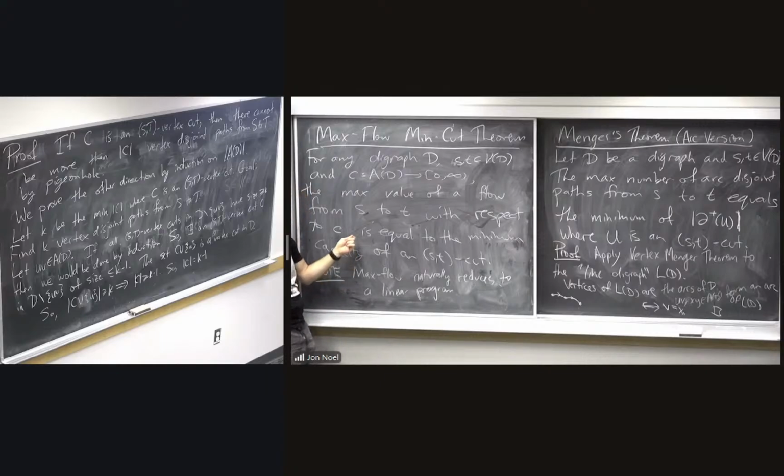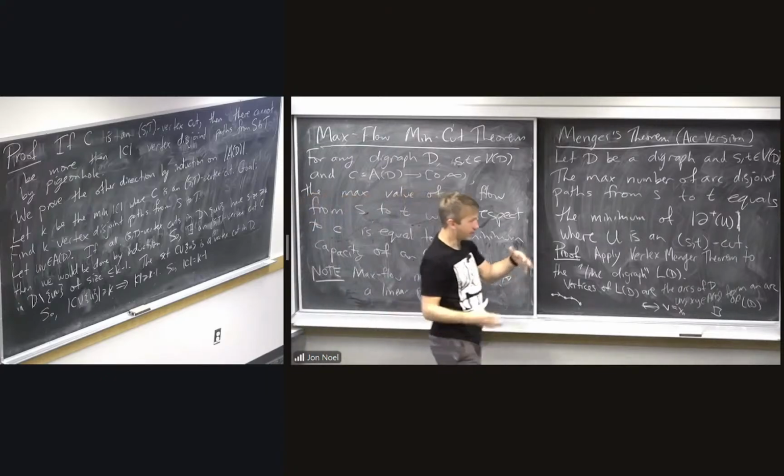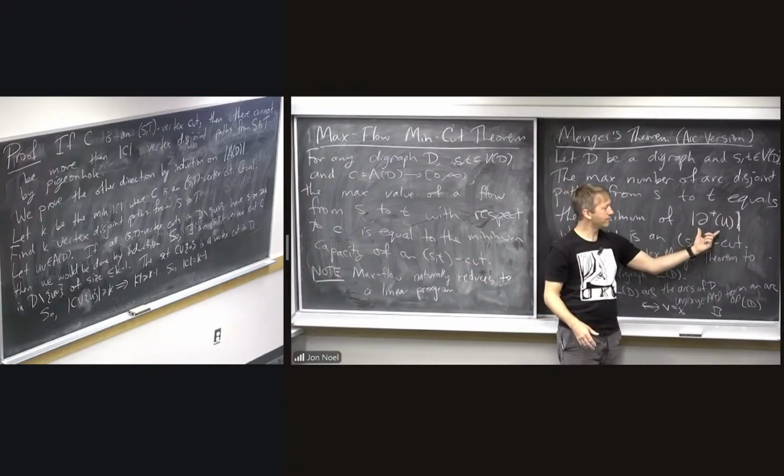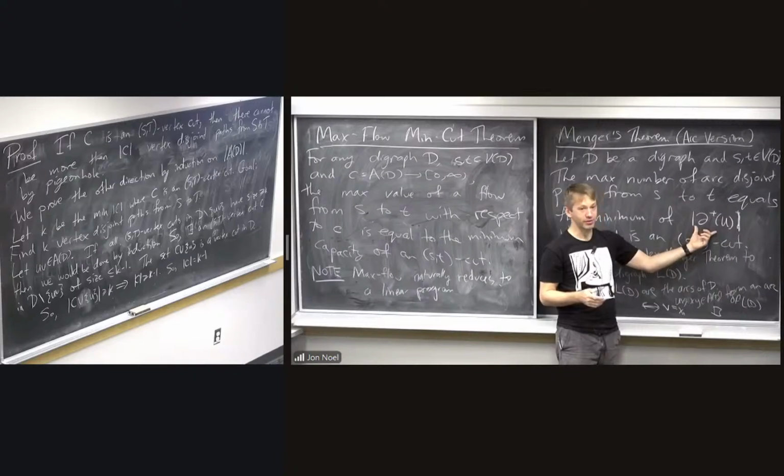And now if I want to show the max flow is at least the min cut, this is just a rough description, next time we'll do it properly. If all the capacities were 1, I would just use the arc version of Menger's theorem. Because if all the capacities are 1, then the number of arcs leaving this cut is just equal to the capacity, since you count 1 for every arc leaving.